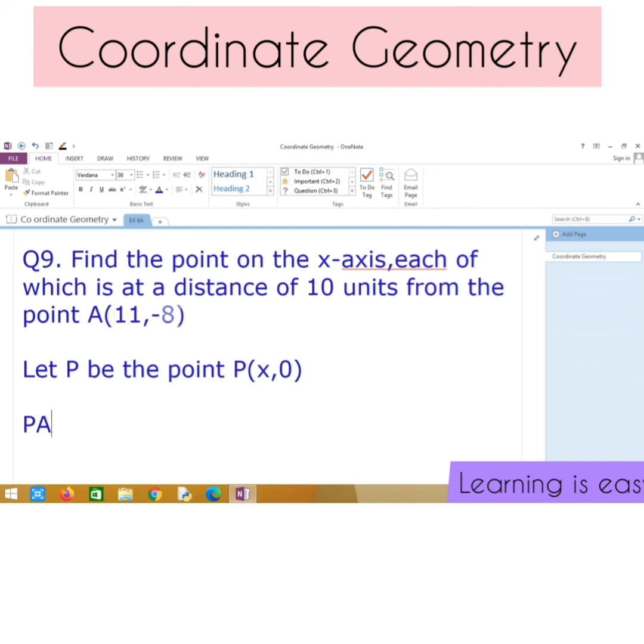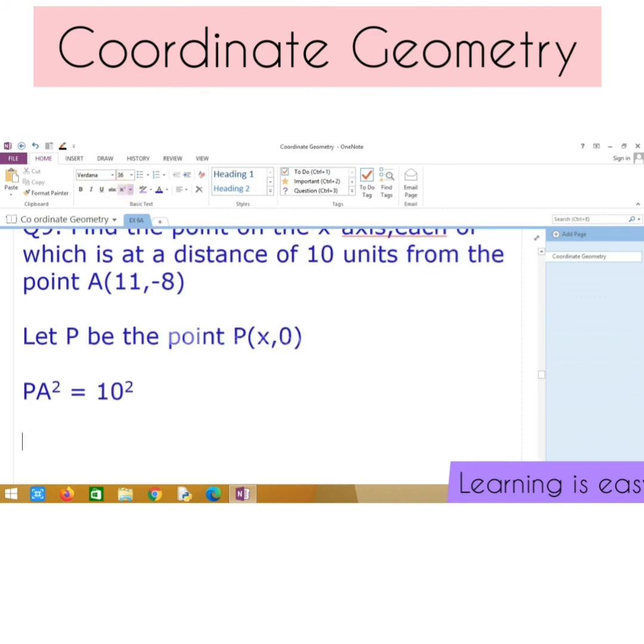So PA square equal to 10 units, so 10 square, that's 100.